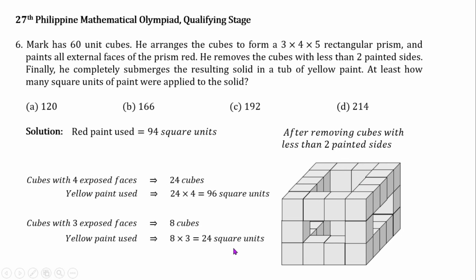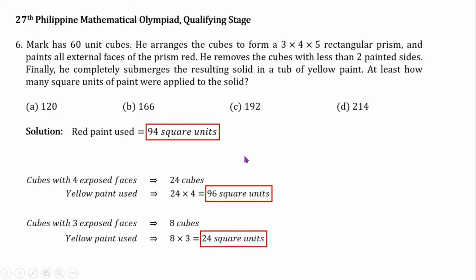Now we just have to sum up all these 3 numbers to get the total square units of paint used. So the answer here is 94 plus 96 plus 24 equals 214 square units of paint, and that is answer choice D.